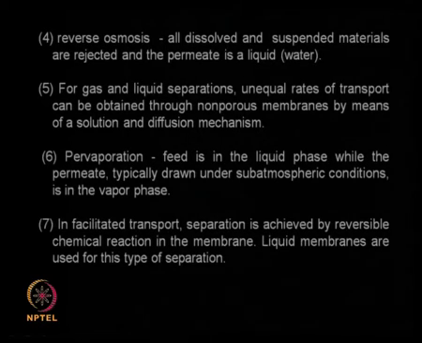Here again you do not have pores in the membrane, but the movement of the solute is through diffusion. Then you can also have liquid membranes which can collect solutes of interest inside the liquid membrane.